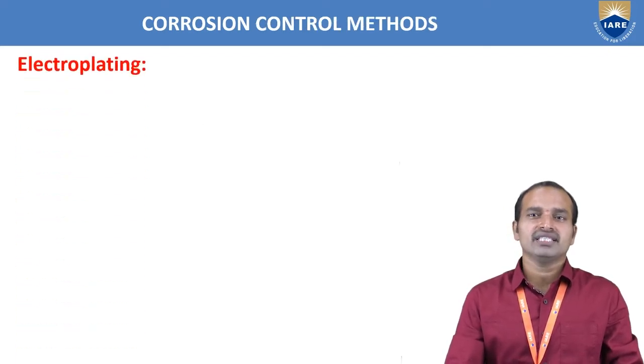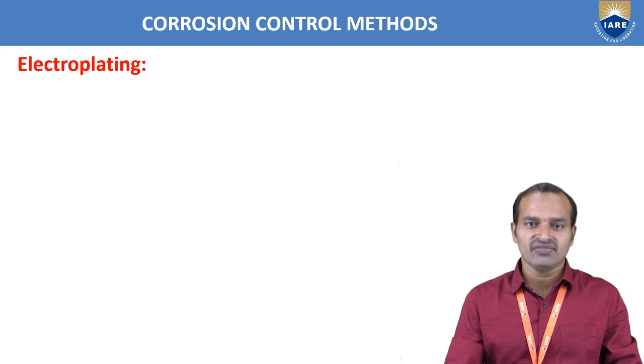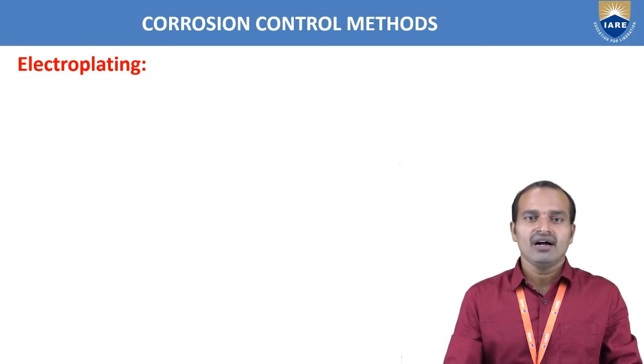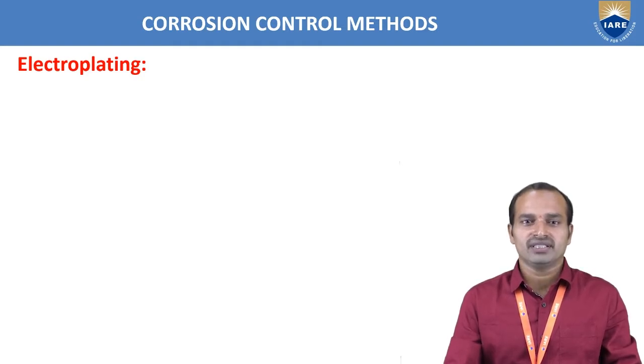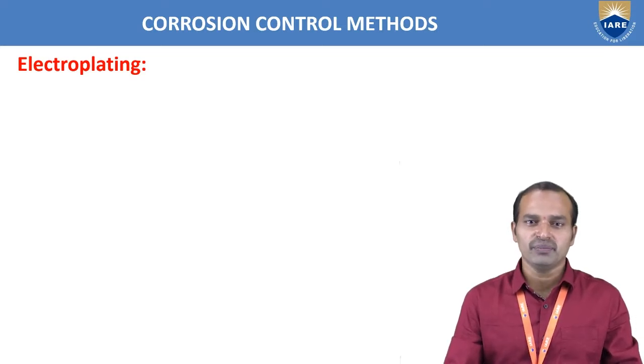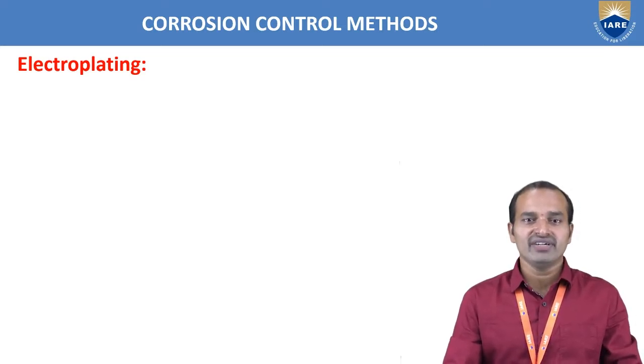Before we discuss electroplating, in the previous class we discussed a surface coating process, that is hot dipping. In the hot dipping process, the base metal is immersed in the molten coat metal. There are mainly two types of hot dipping: the galvanizing process and the tinning process.